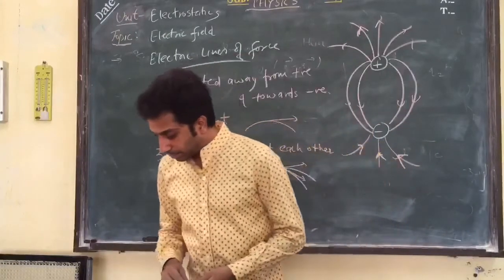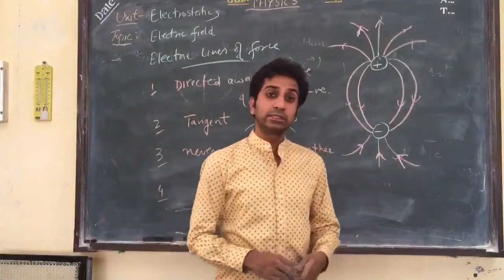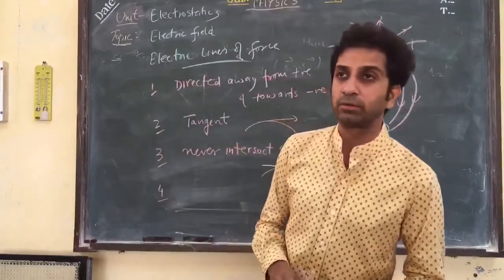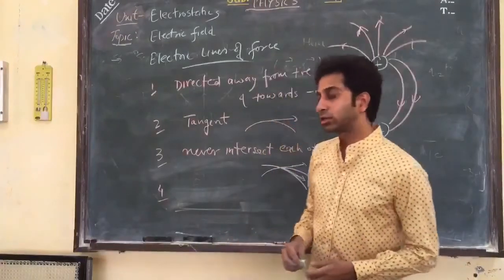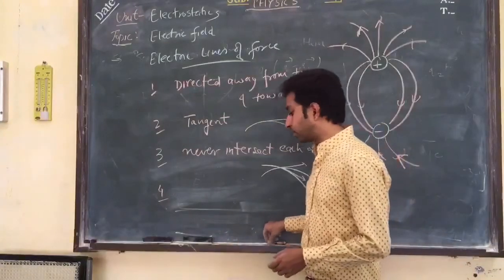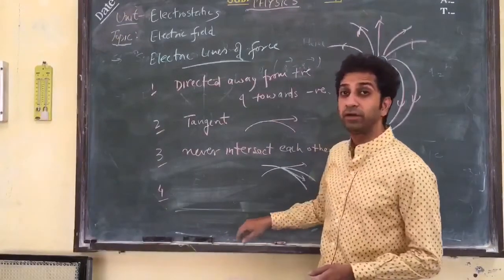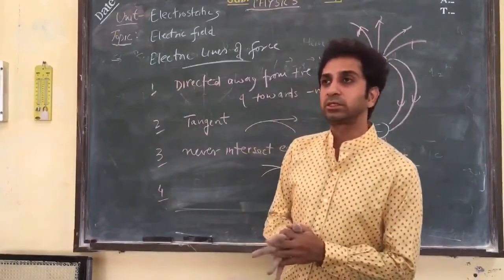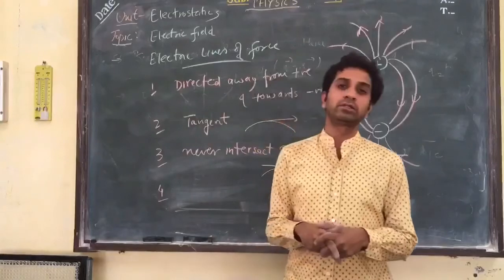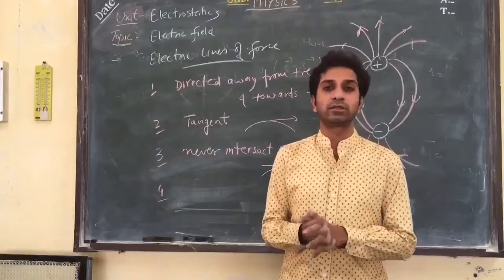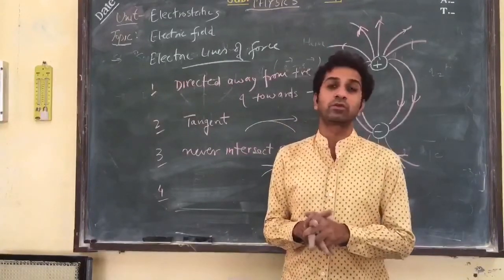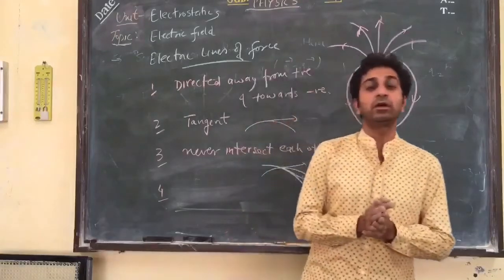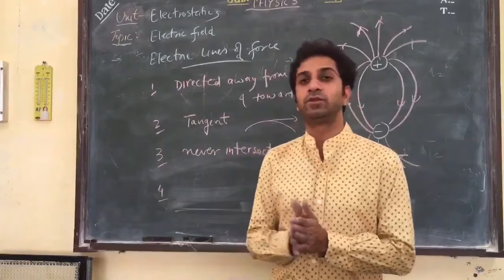And electric field lines do not pass through the interior of a conductor. Very important point. Sometimes we say that during a thunderstorm it is quite safer to sit inside the car, because it behaves as a hollow conductor. Electric field lines do not pass through the conductor, so we are quite safe at that time. So these are some of the properties of the electric lines of force.